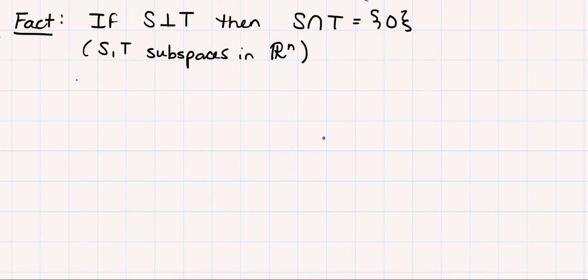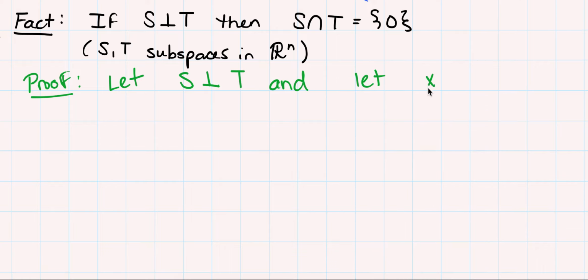Here's another fact. If we have two orthogonal subspaces, then their intersection is only the zero vector. Let's prove this. So we're going to let S be orthogonal to T, and let's say that something belongs in the intersection.